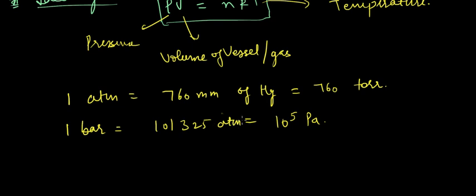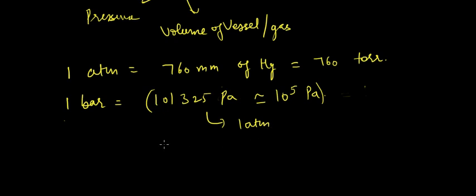I'm just rounding it off here. 1 atm is equal to 101,325 Pascal. So you can now have the relationship between 1 bar and 1 atm.